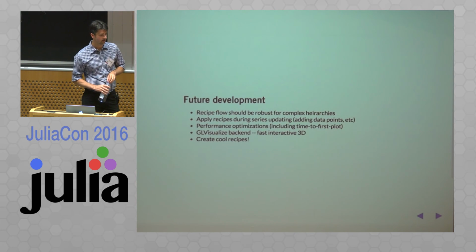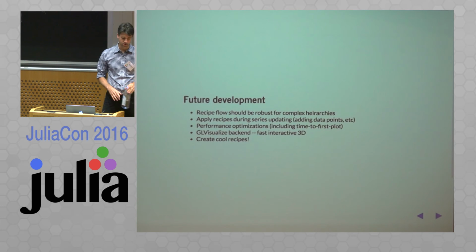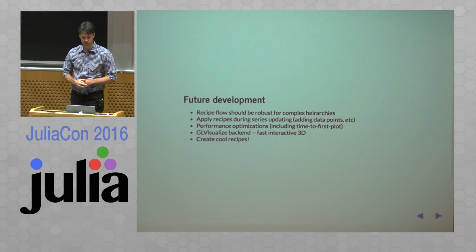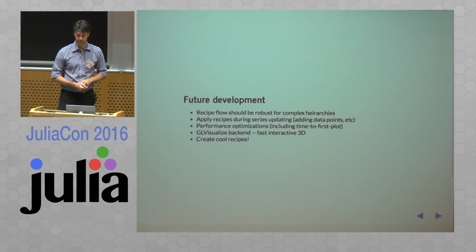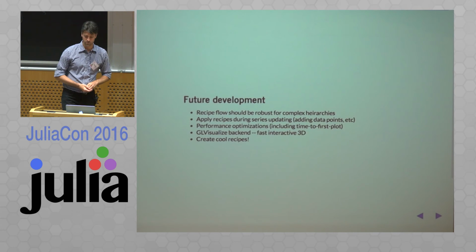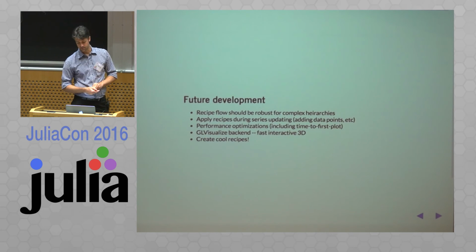I think updating plots could be a little bit nicer. There are open issues for a lot of this stuff, so if you want to go to Plots and look at the issues, you can get a feel for where it's heading and what still needs to be filled in. If anyone wants to contribute, please do that.